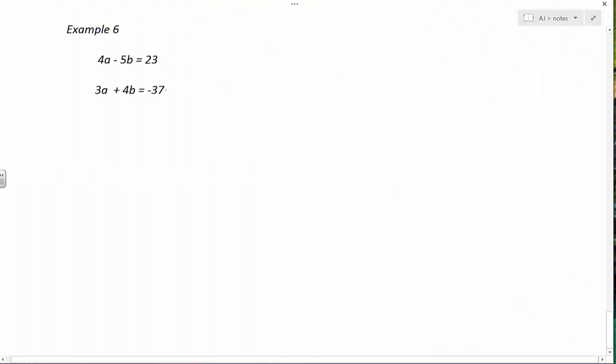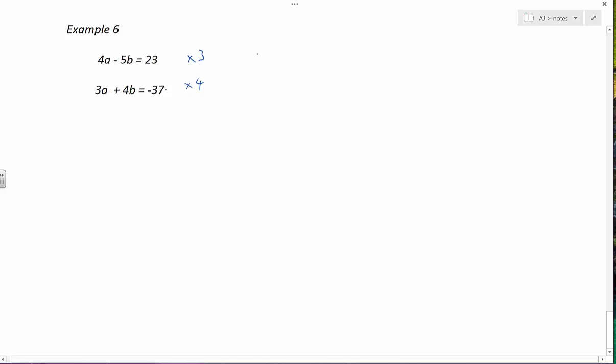And finally, just to prove that it works either way, I'm going to look at this last example and try to eliminate both a in one method and b in the other method. So let's suppose we wanted the a's the same. So the lowest common multiple for 4a and 3a is 12a, so we'll multiply the first one by 3 and the second one by 4.